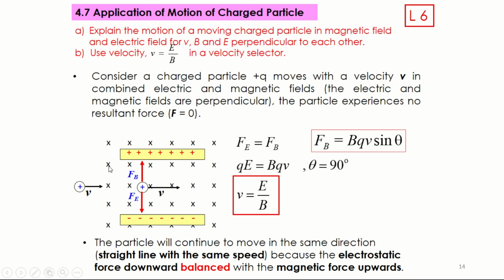For the electric field E, we have a positive plate here and a negative plate here, so the direction of E is from the positive plate to the negative plate. So the direction of E is downward.